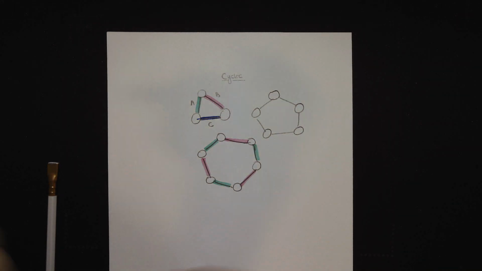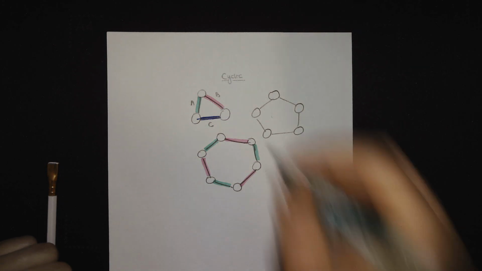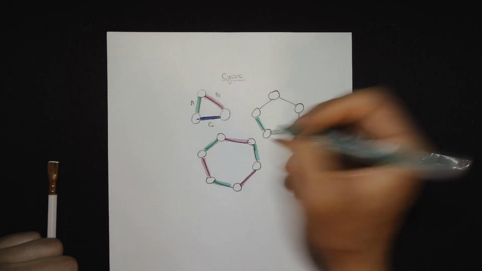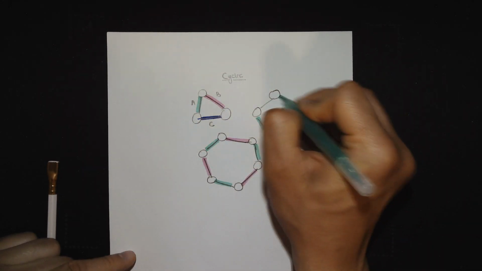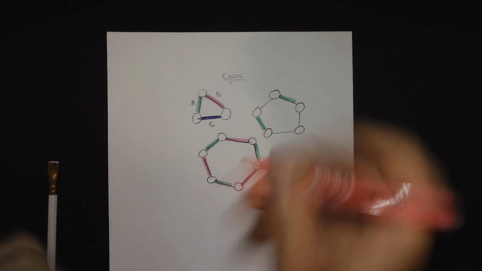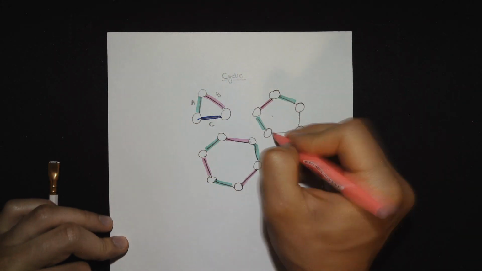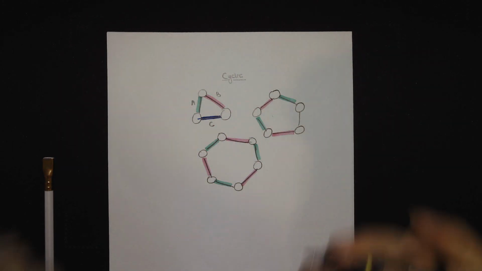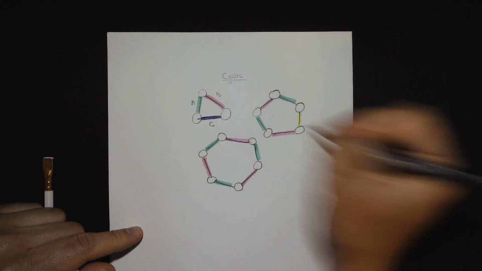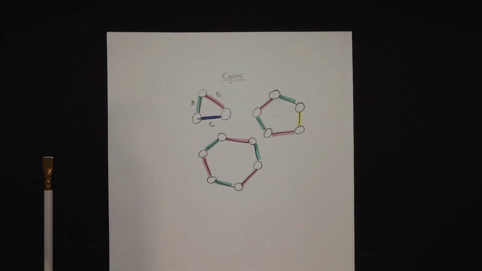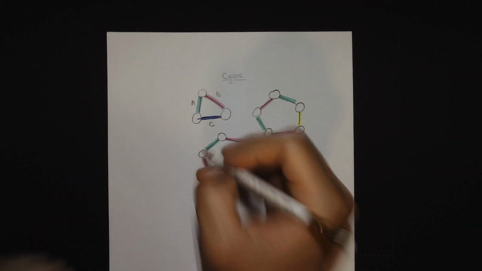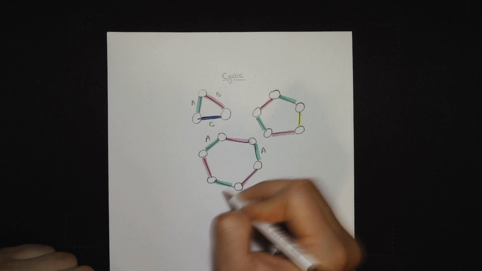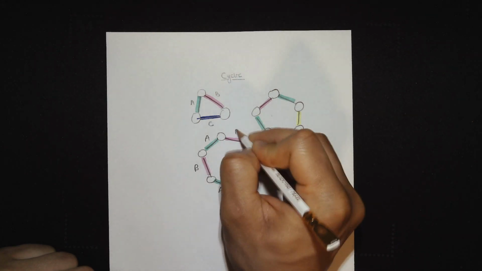And we can also look at the edge chromatic number for this member of the cyclic graph family, and this one will happen to be 3 as well. Oh, I should probably give these labels as well.